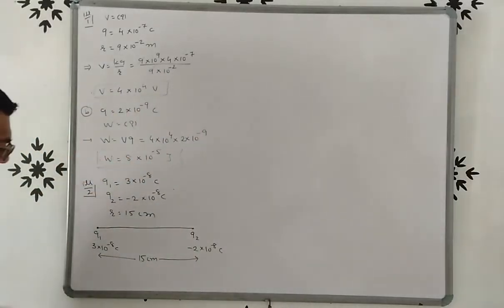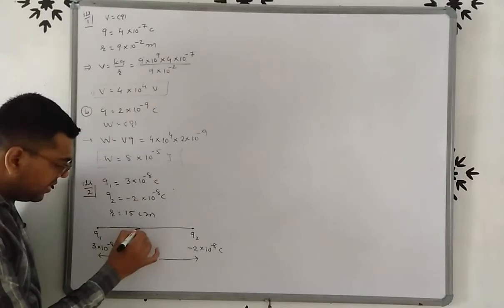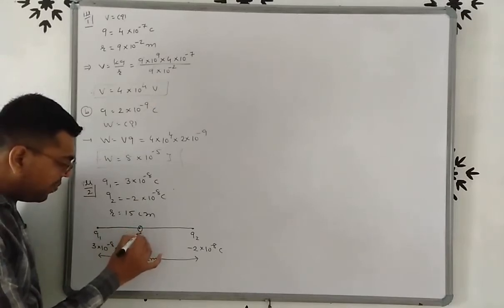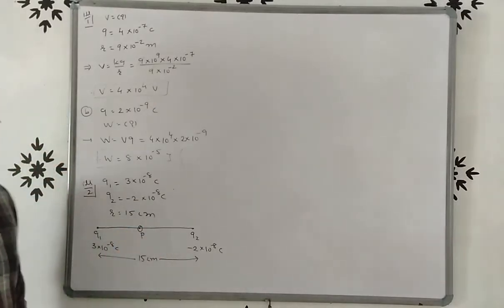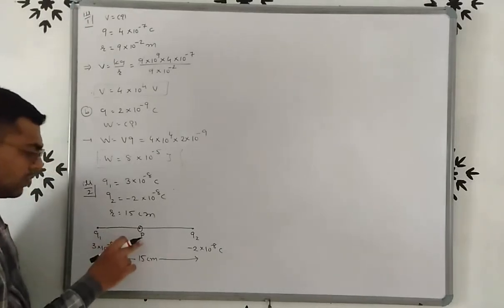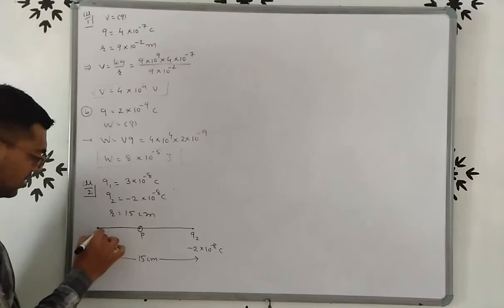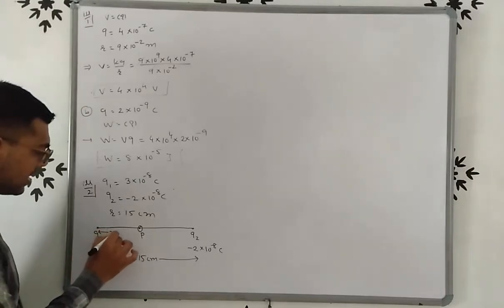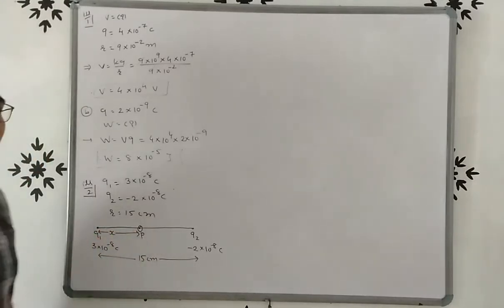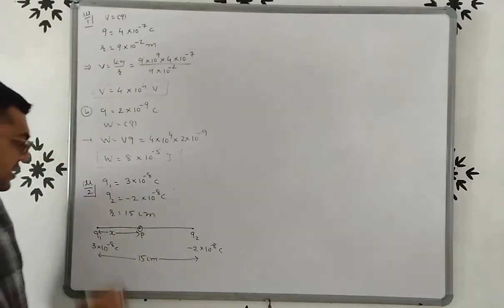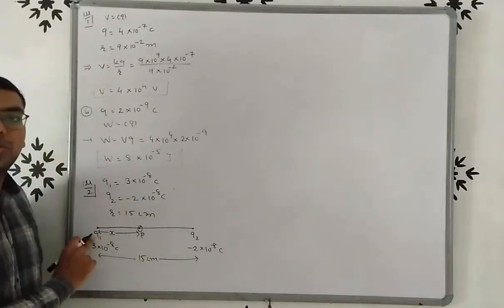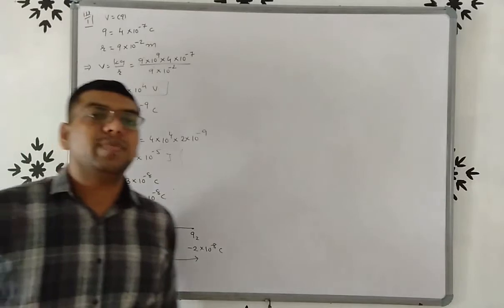So friends, here we assume that at point P potential is 0. So here the distance from Q1 is suppose x. So here we assume that at a distance x from Q1 potential should be 0.